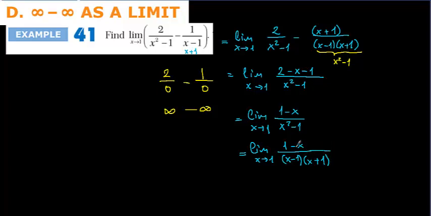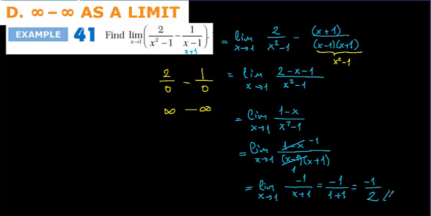Now 1 minus x and x minus 1 are additive inverses, so when you simplify these two, you write 1 in one place and minus 1 in the other. This becomes limit x tends to 1 of minus 1 over x plus 1. When you apply 1 here, minus 1 over 1 plus 1 is equal to minus 1 over 2, which is the answer of the limit of this question.